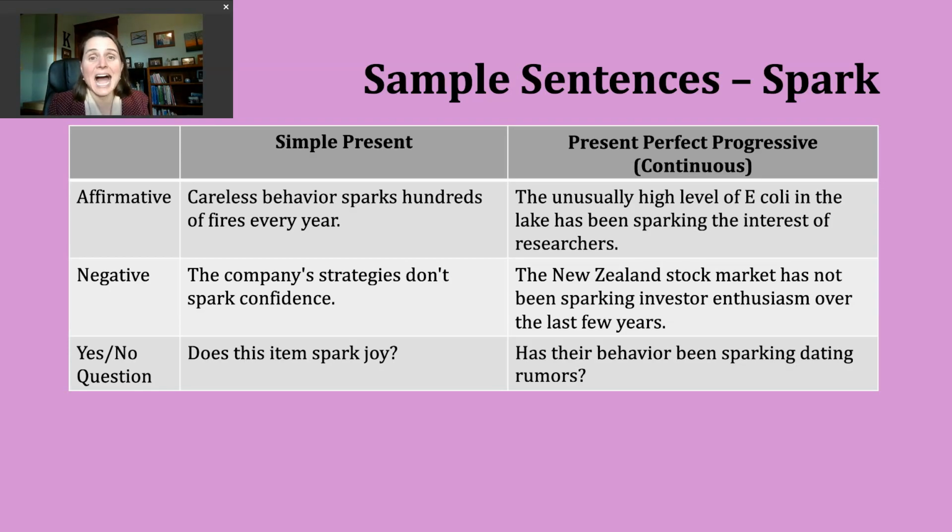If the subject is I, you, we, or they, use have, that's your first part, been, the participle B-E-E-N, and then the ing form of the verb. Okay? Now, if your subject is he, she, or it, you're going to use has, H-A-S. Then the participle been, B-E-E-N, and then the ing form of the verb.